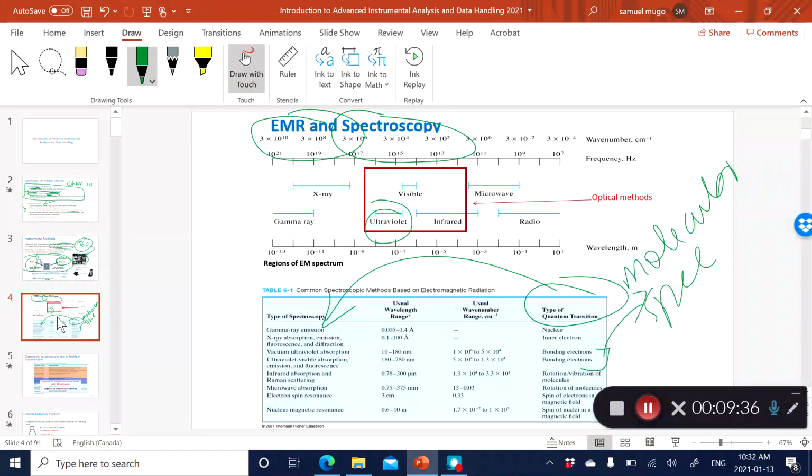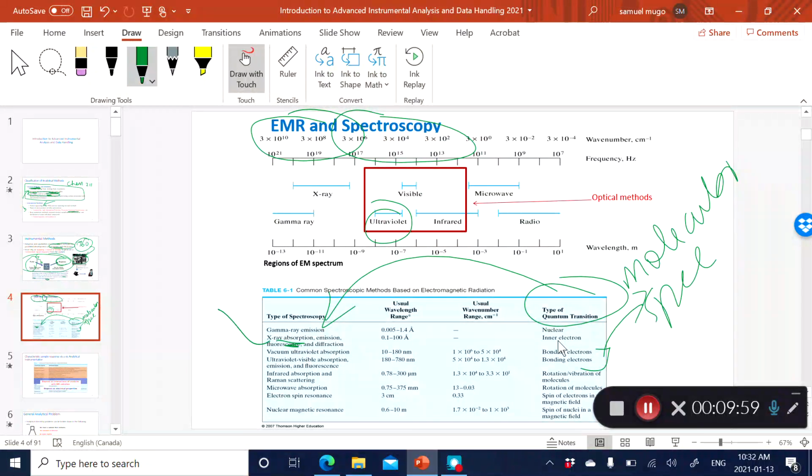On the other hand, if you look at something like an X-ray, you can see that it causes excitation of the inner electrons. So not the bonding electrons, but the inner electrons. And as such, you cannot really use it for molecular spectroscopy, because it's penetrating the bonding electrons and getting to the inner electrons.